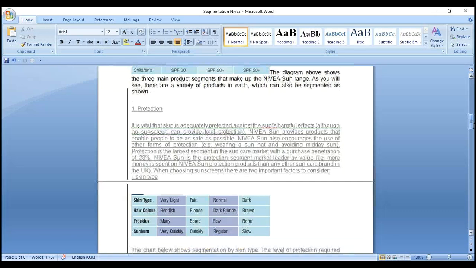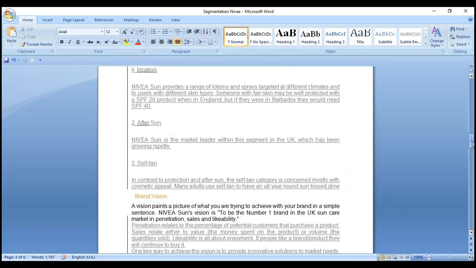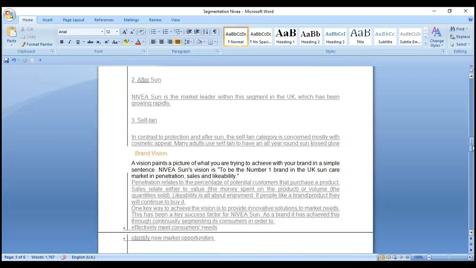They look at weather conditions and protection, skincare products. They segment according to location, after sun, and so on.